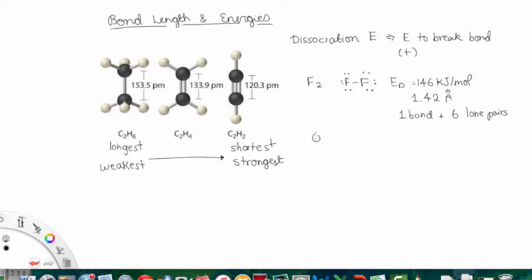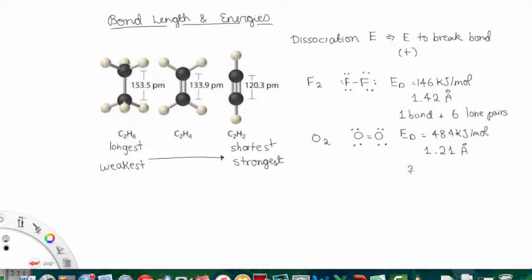Now let's look at O2. You know how to draw Lewis structures now, so you know that O2 has a double bond and 2 lone pairs on each oxygen. The dissociation energy is 484 kilojoules per mole, and the distance between the two oxygens is 1.21 angstroms.